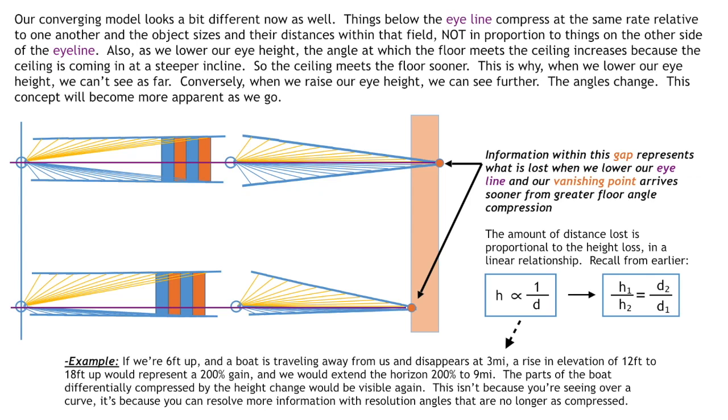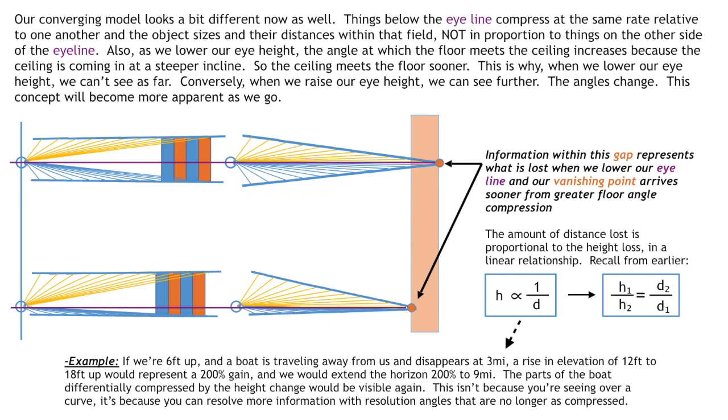What ends up happening then is that we bring our horizon line, or our horizon distance, excuse me, in further. We cannot see as far. So information within this gap, this orange rectangular gap here, represents what is lost when we lower our eye line and our vanishing point arrives sooner from a greater floor angle compression. The amount of distance lost is proportional to the height loss in a linear relationship.